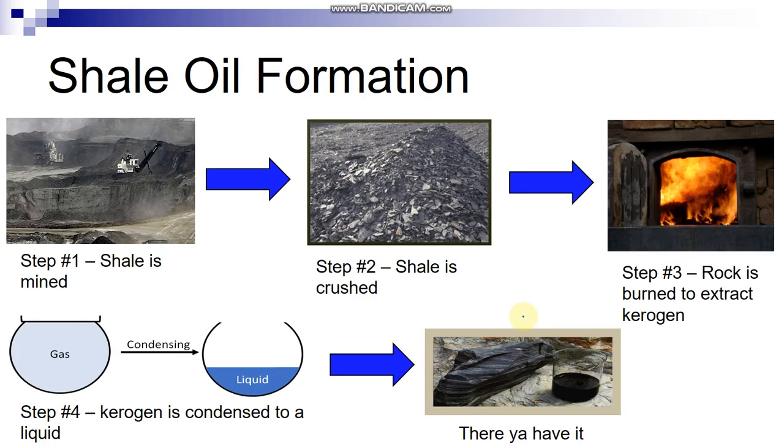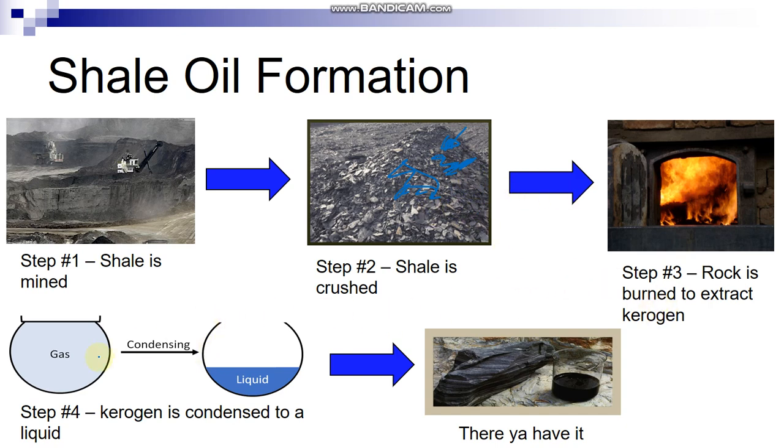So the second source of oil would be shale oil. And this is highly inefficient, highly inefficient. Like, for example, we find shale rock. The shale rock is mined out of the ground. Then you take shale rock and you crush it into small little pieces. Then you take the oil shale. By the way, this formation of shale just has kerogen inside of it, which is a string of hydrocarbons that we as humans want to extract. We want to get that kerogen, the hydrocarbons, out of the shale rock. So we heat the rock to extract the kerogen.